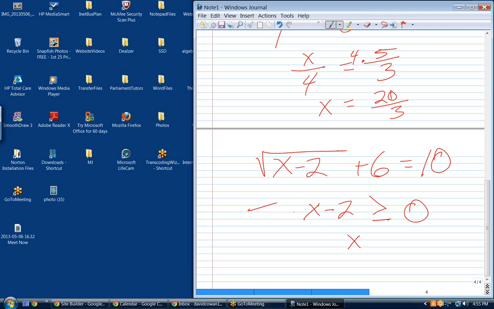Solve this inequality. X is greater than or equal to 2. Exactly. And that's its domain. X has to be greater than or equal to 2. Anything less than that, and you will be taking the square root of a negative number, which violates all kinds of math.